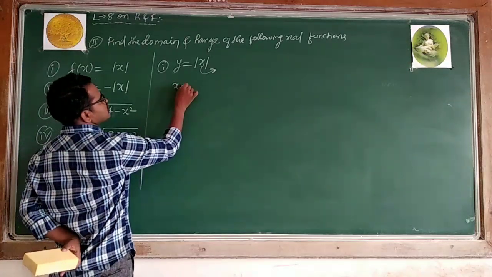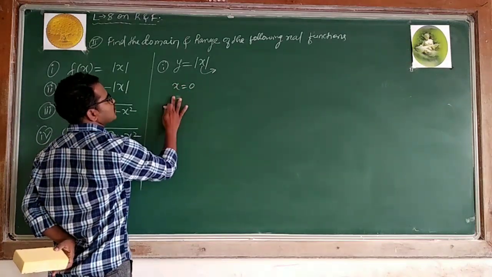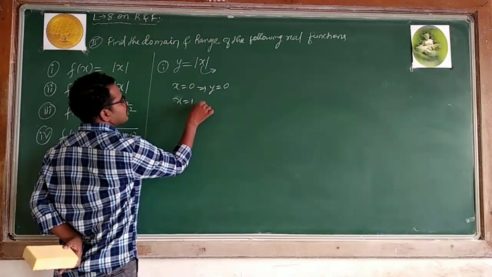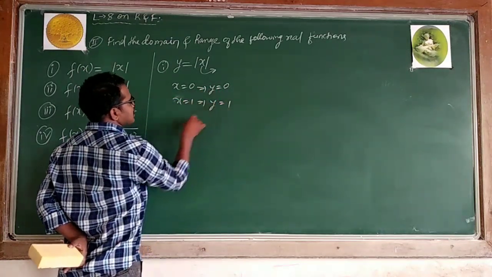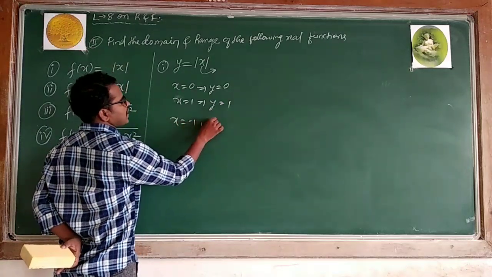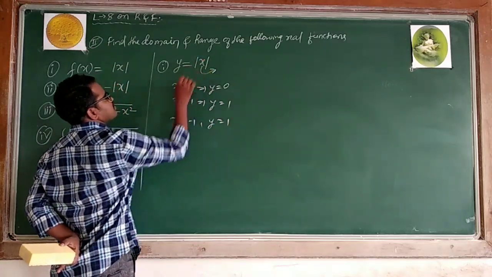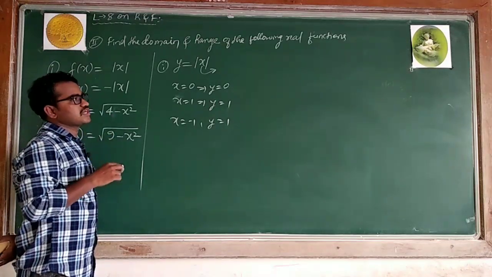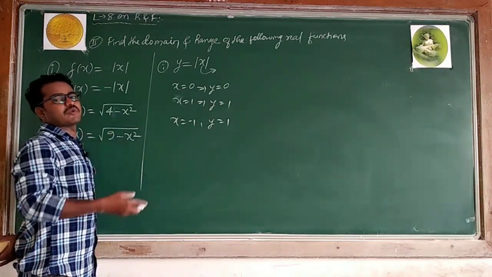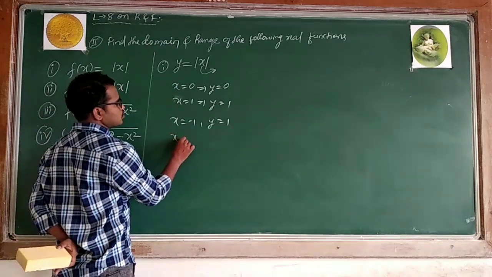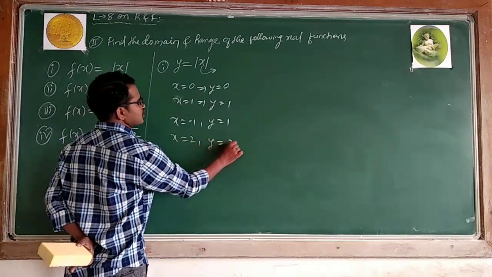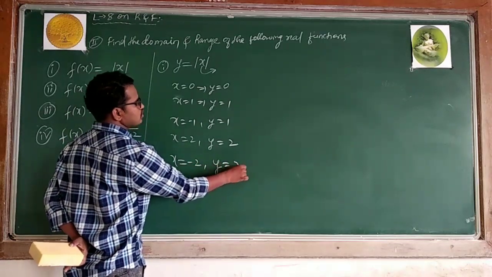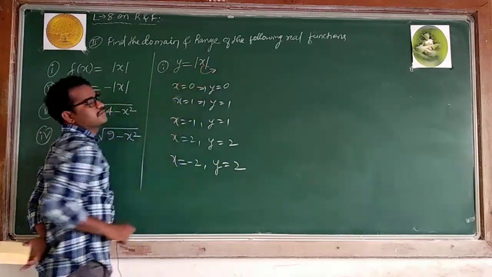If x is 0, y is 0. If x is 1, y is 1. If x is minus 1, y is plus 1, because the modulus makes it positive. In a modulus function, whenever you take a negative value inside, you get a positive value. If x is 2, y is 2. If x is minus 2, you also get plus 2. The minus becomes positive.